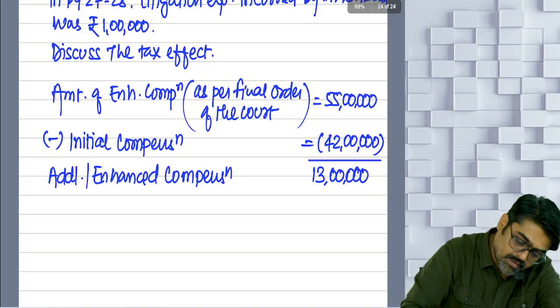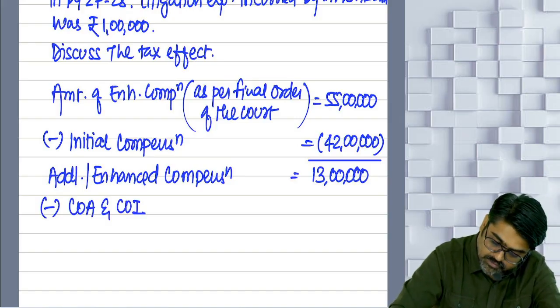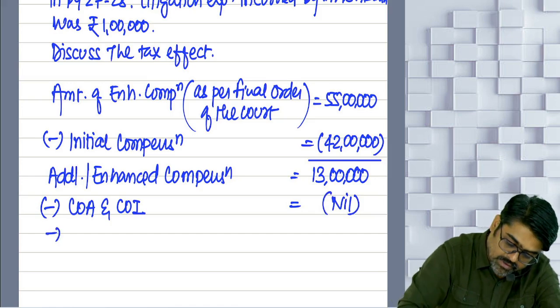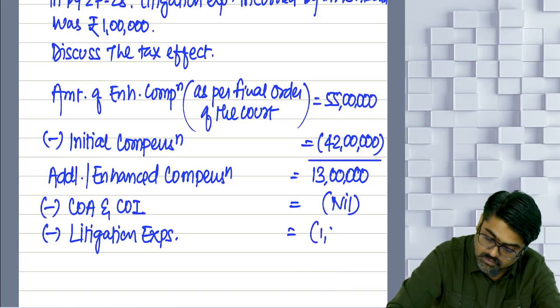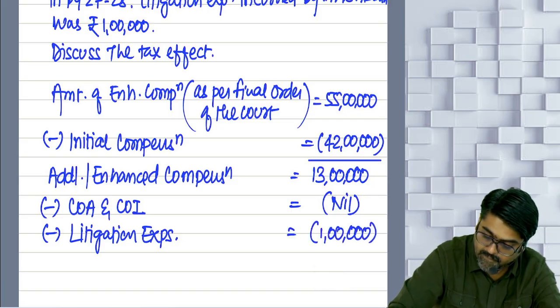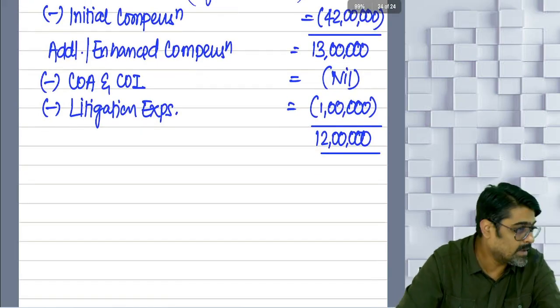Okay. Minus cost of acquisition and cost of improvement, which is equal to nil. You have to always take it nil. Yes or no? Minus litigation expenses incurred by assessee. That was 1 lakh. Balance is 12 lakhs. Now this 12 lakhs, what will be the nature of this gain?